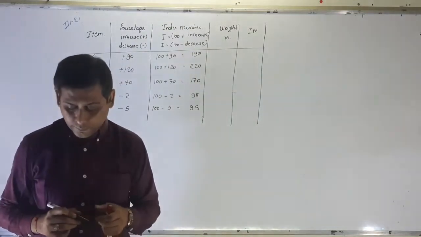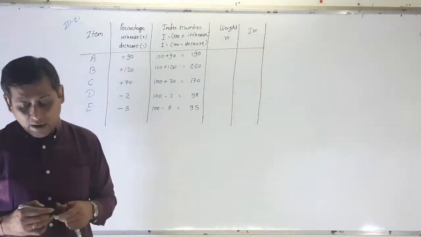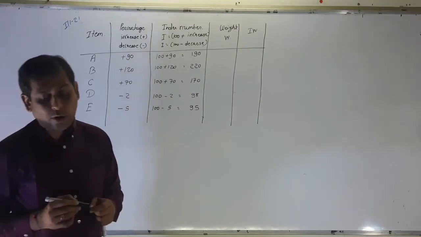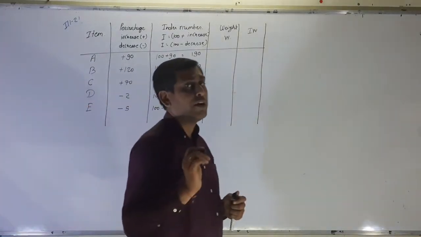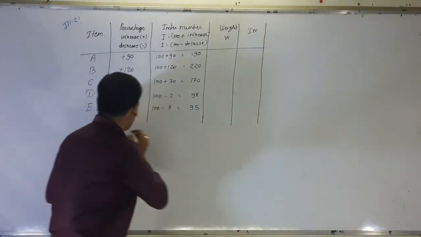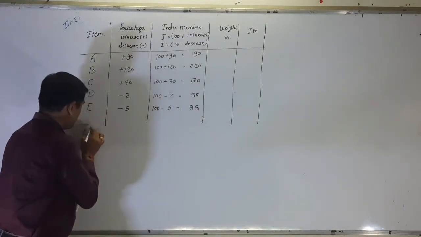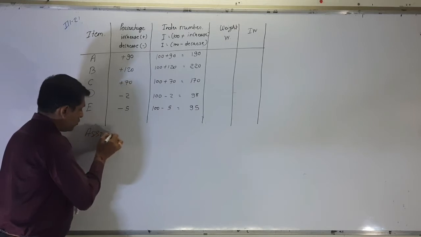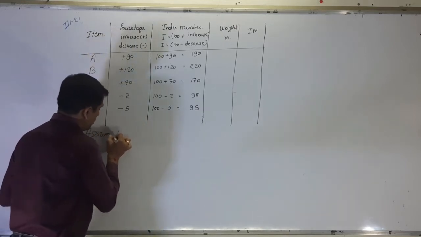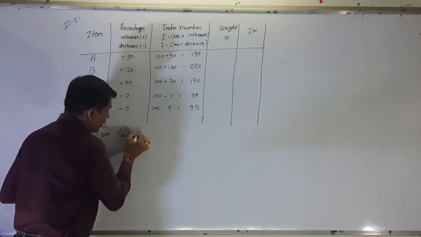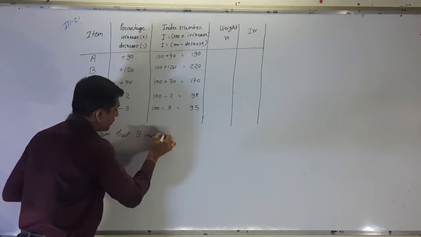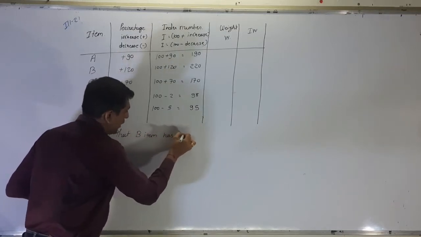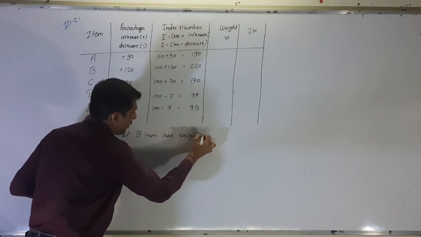Okay, now weight. What is weight? A is 4 times more important than B. So first of all, we have to assume that item B has weight 1.